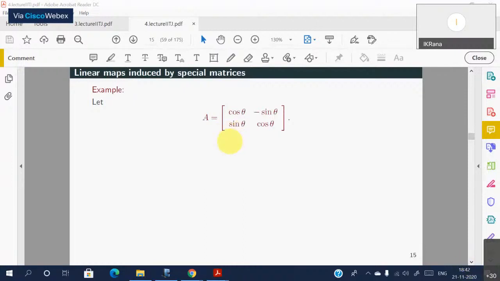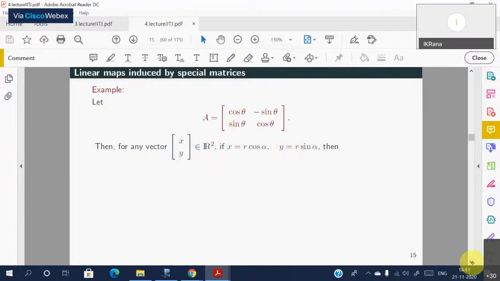For example, let us look at the matrix cos theta, minus sin theta, sin theta, cos theta, and ask what linear transformation is given by it. For any vector x, y, it is easier to understand because angles are coming, so it is better to write x and y in terms of polar coordinates.